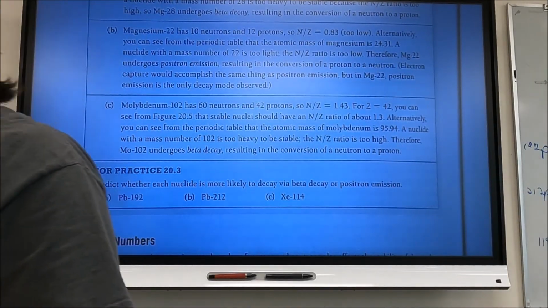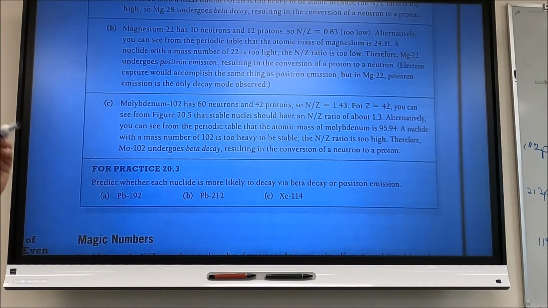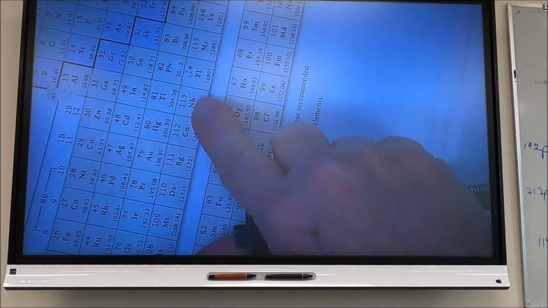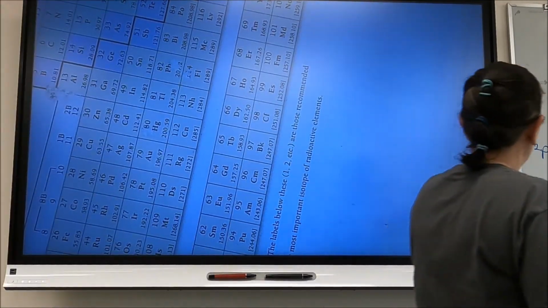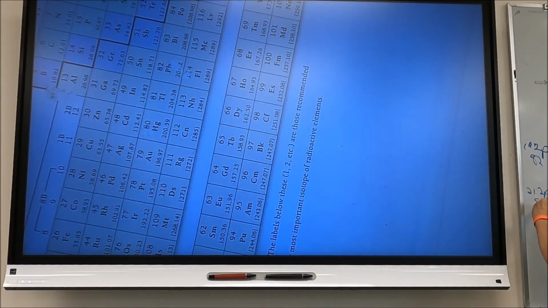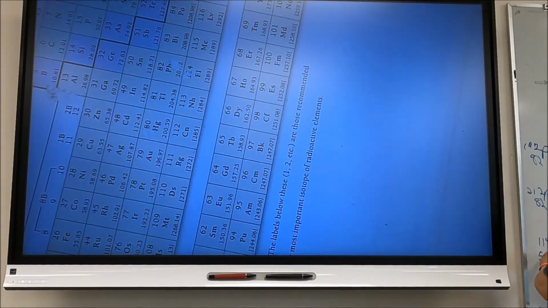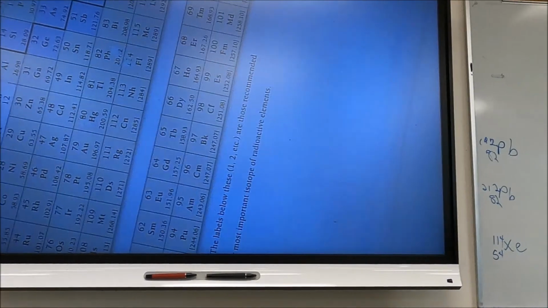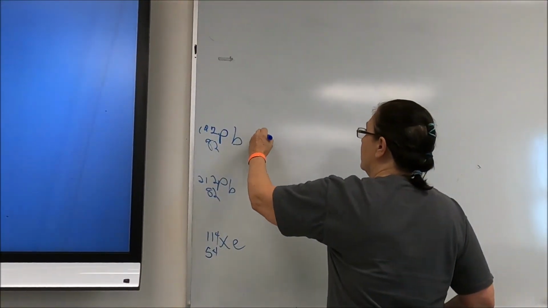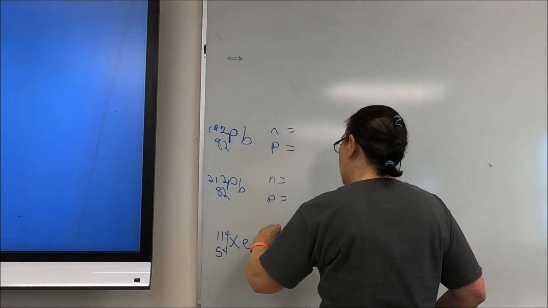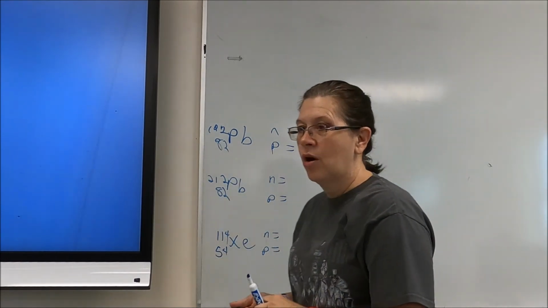Now, guys, what they're asking us to do is to think about the proton to neutron ratio. So let me pull up the atomic numbers here. Okay, the atomic number for lead is 82. And the atomic number for xenon, okay, is 54. So, for each one of these, I'm going to get the number of protons and the number of neutrons.